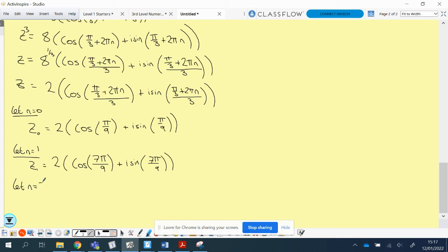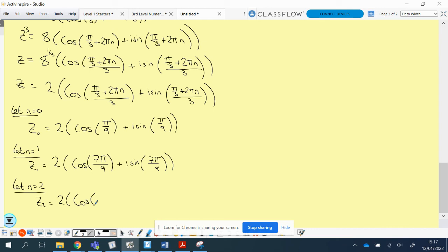Last root, well, we're going to have to let n have another cycle, so we're going to have to let n equal 2. So z2 is going to be 2 lots of cos. If I let n equal 2 now, that means I'm adding 4 pi onto this. So pi over 3 plus 4 pi. If I change 4 pi into thirds, it's going to be 12 pi over 3.